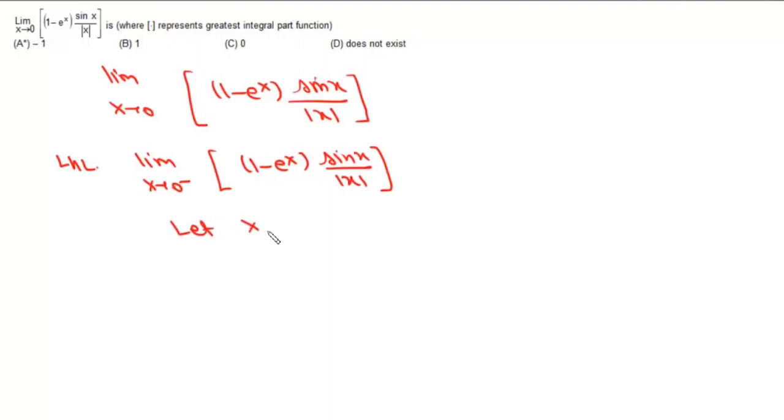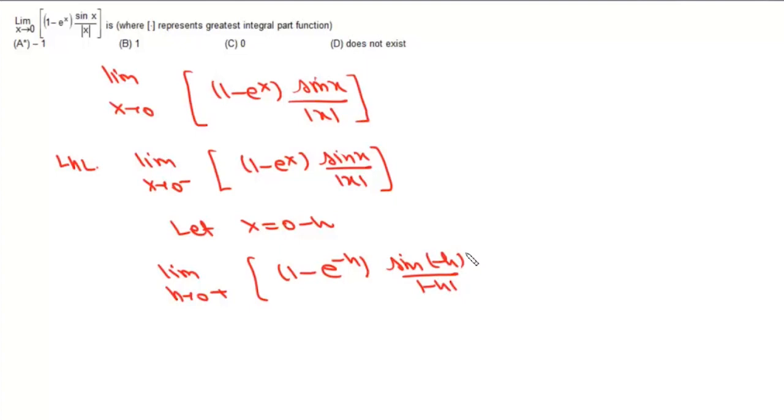Now we let x as 0 − h, so it will be this limit as h tends to 0 positive of the greatest integer function of (1 − e⁻ʰ) sin(−h) upon mod of (−h), which we can write as the greatest integer function of (1 − e⁻ʰ) into (−sin h upon h).